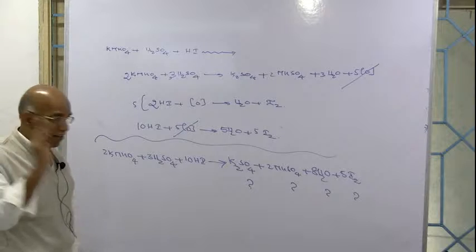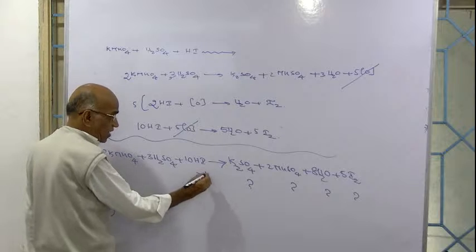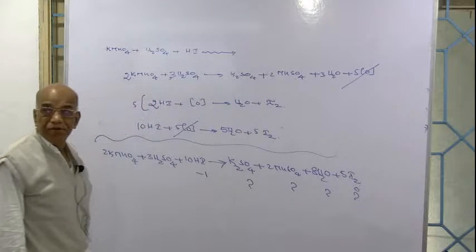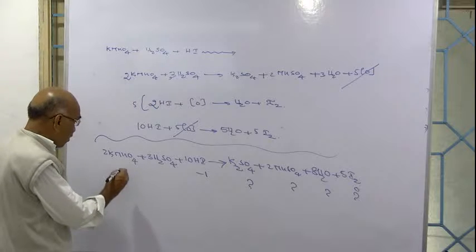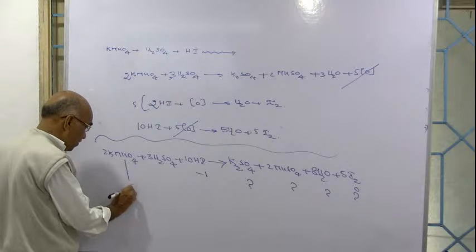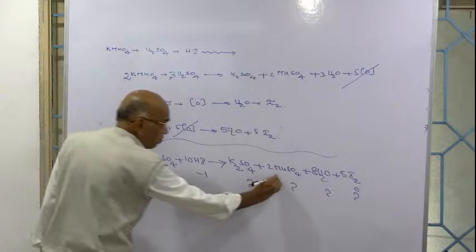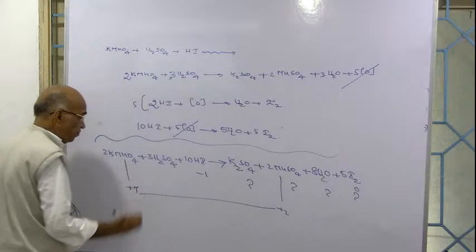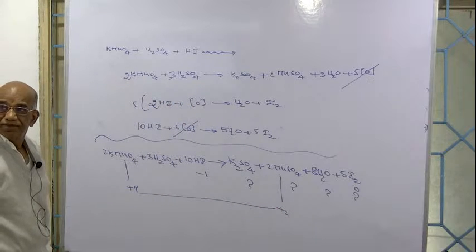Oxidation can be identified: -1 state here, 0 state here, indicating that the compound is oxidized. The manganese compound underwent reduction from +7 to +2. The oxidation number decreased by 5 units.